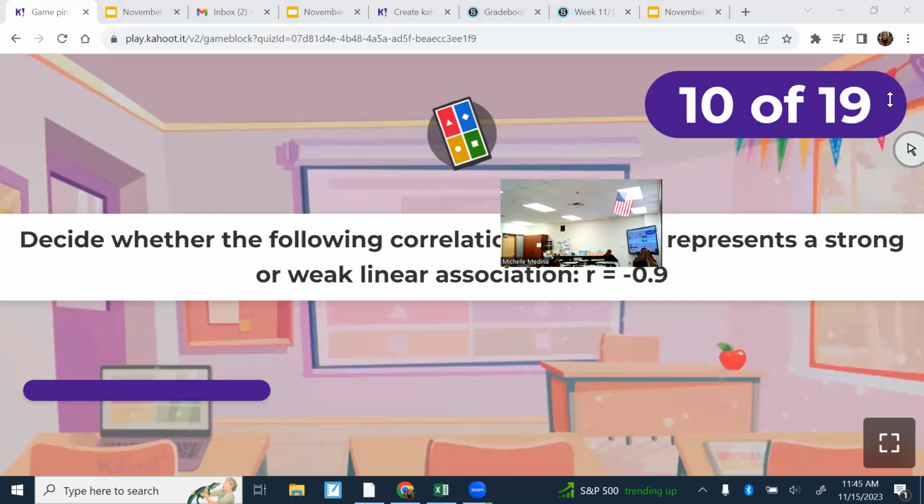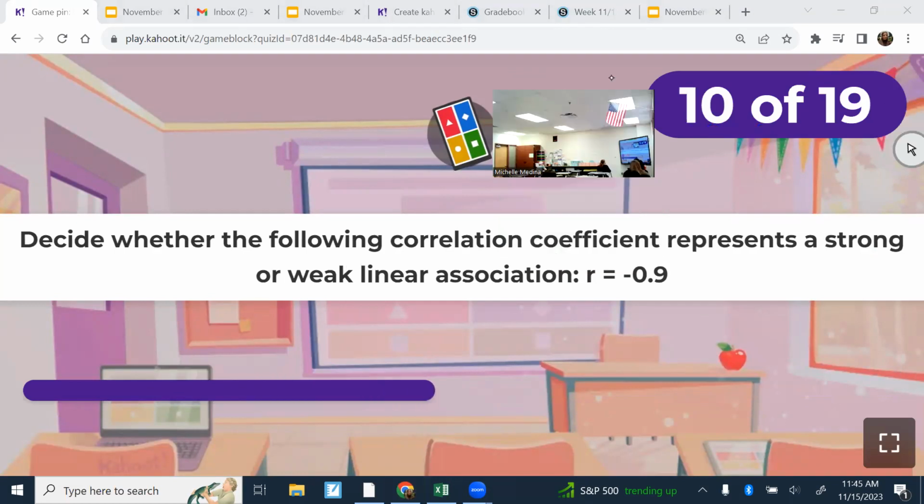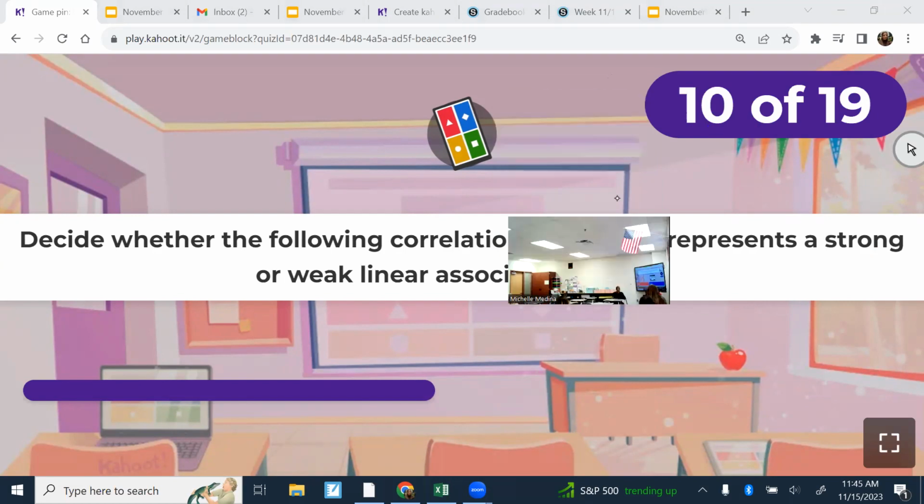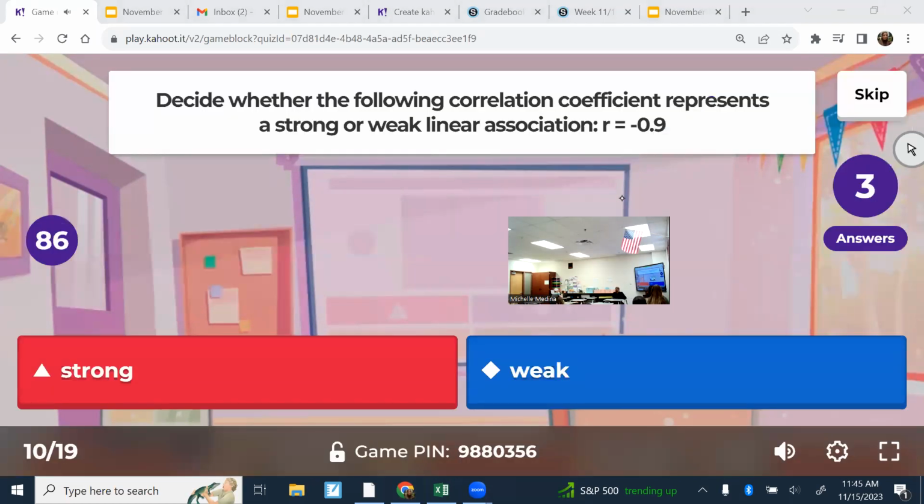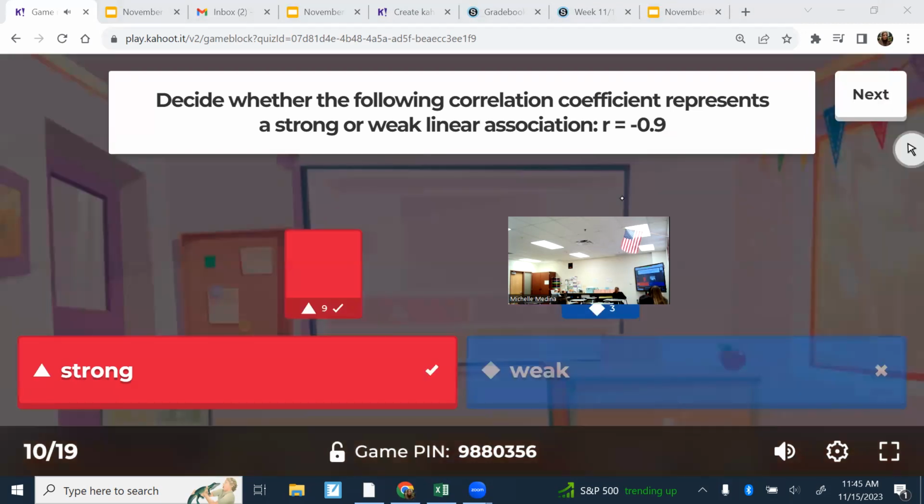Decide whether the following correlation coefficient represents a strong or weak linear association. 100% accuracy on this, I hope. Okay.